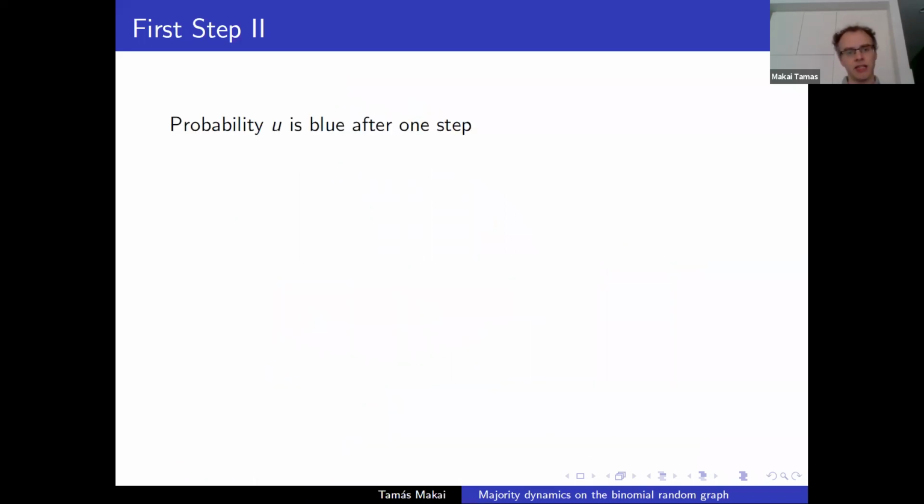Okay, we'll now use this to calculate the probability that U is blue after 1 step. Let's ignore the effects of the initial color of U, V, and the vertices in WB+. Then the probability that U will be blue after 1 step is 1/2. It's basically saying that I have 2 random variables which have exactly the same distribution, and I'm just asking what's the probability that one is larger than the other.